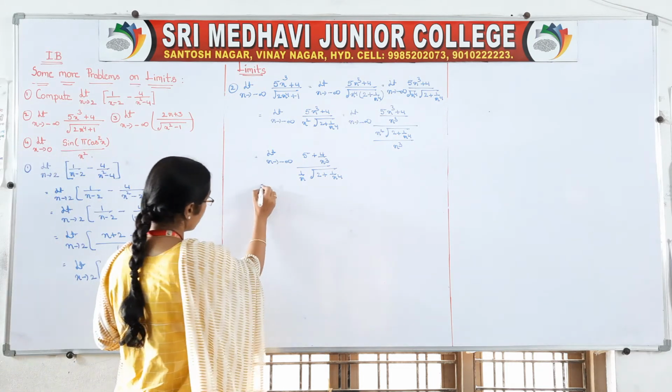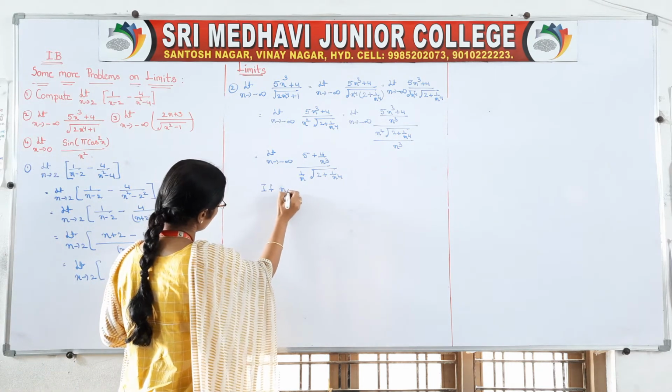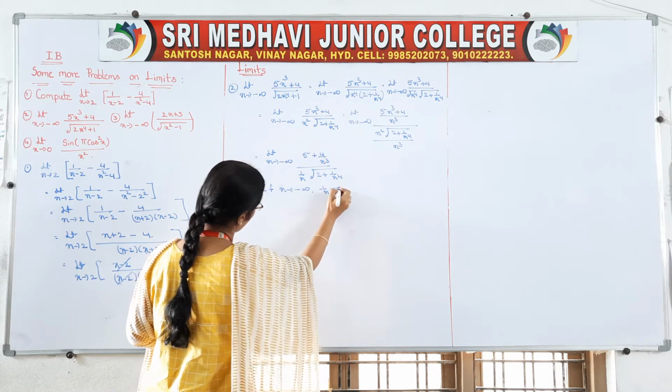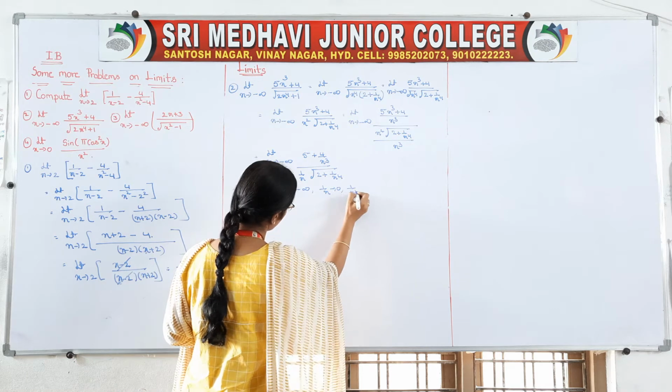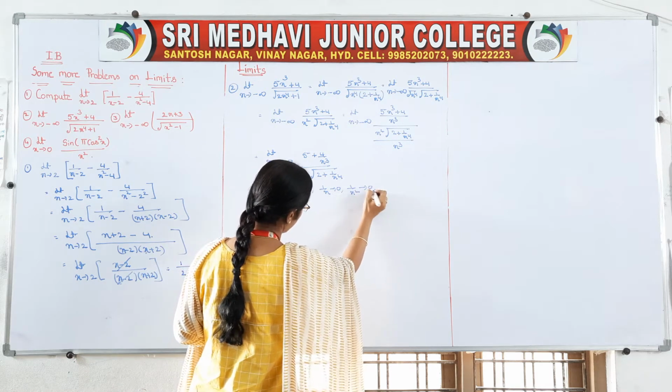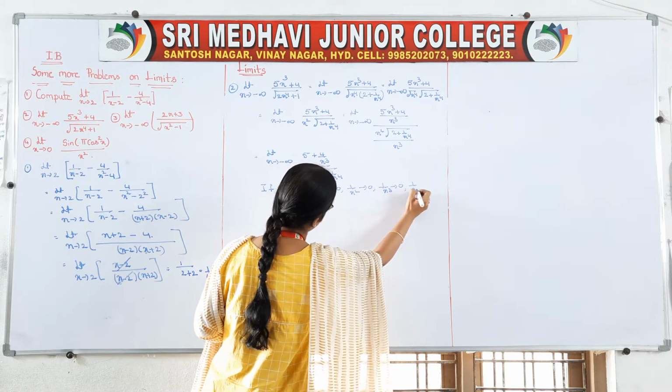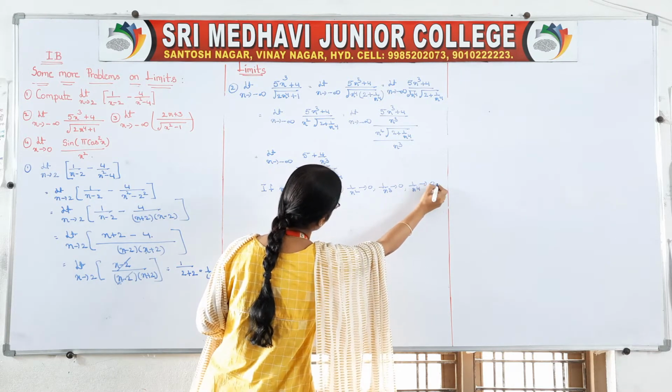Okay. So if x tends to minus infinity, 1 by x tends to 0, 1 by x square tends to 0, similarly 1 by x cube tends to 0, 1 by x to the power of 4 tends to 0.